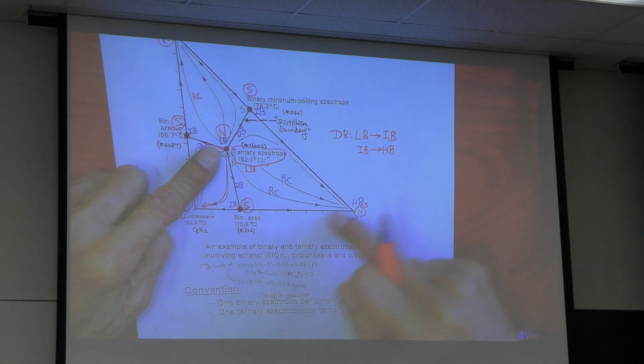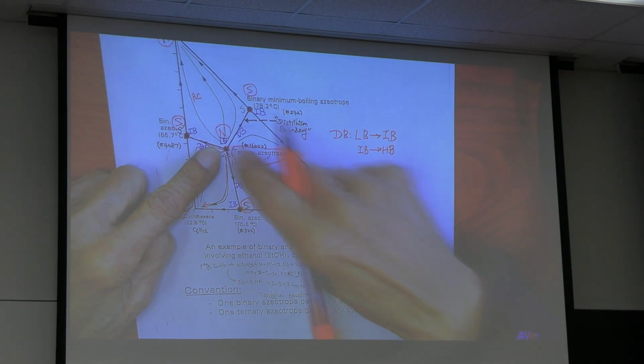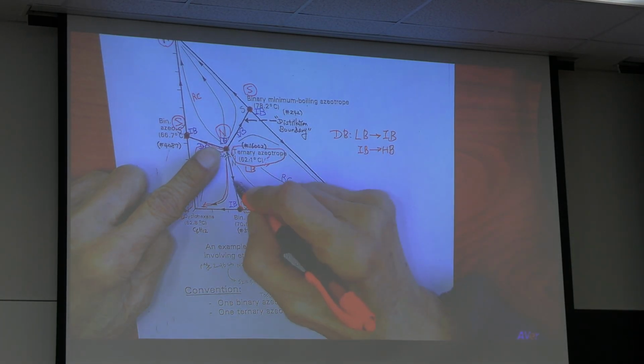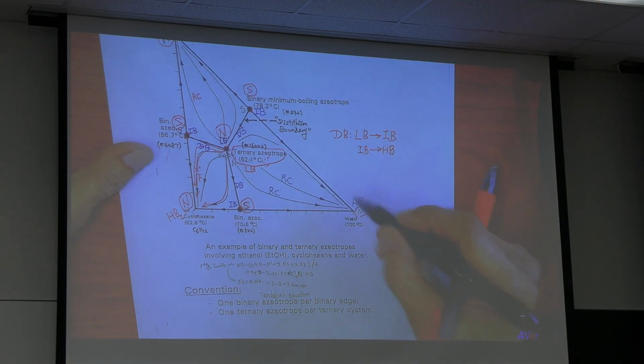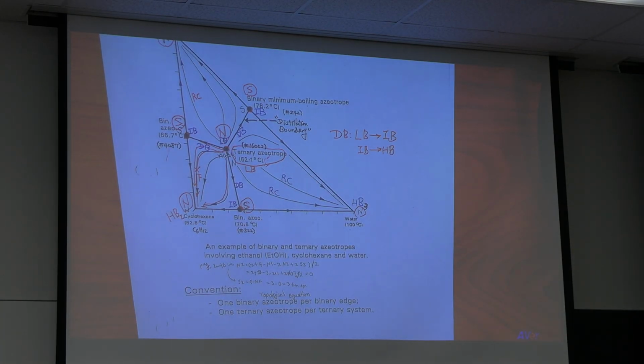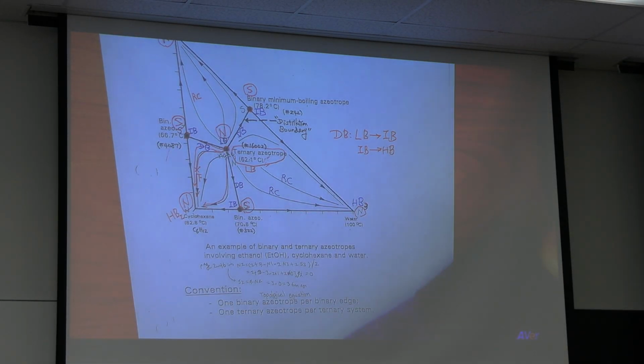In this region, this is RC, DB. So now, are we drawing this diagram correctly? I will go through this again on page 46.